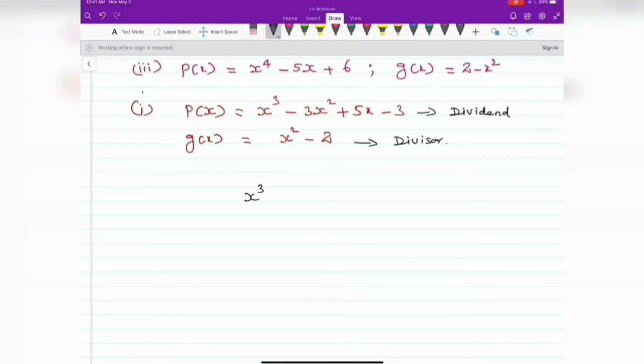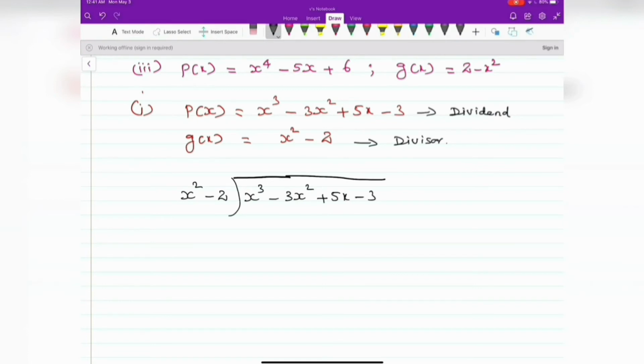So, x cube minus 3x square plus 5x minus 3. It is already in descending power of x, and x cube term is there, x square term is there, x term is there, and constant term is there. That also we need to check. and we need to divide this by x square minus 2.